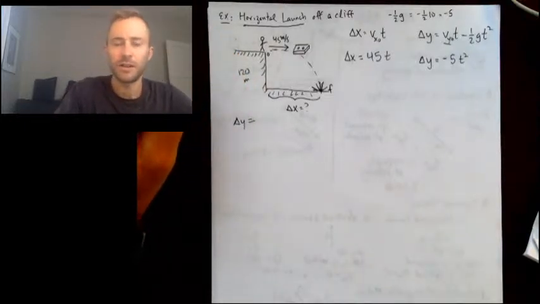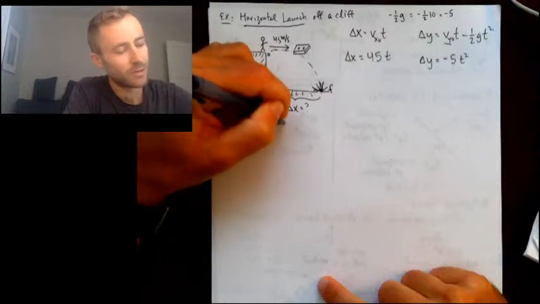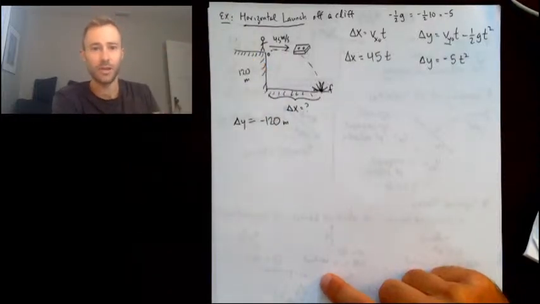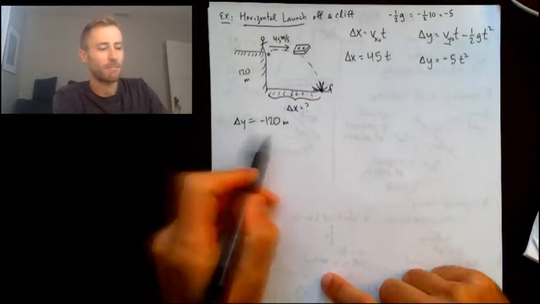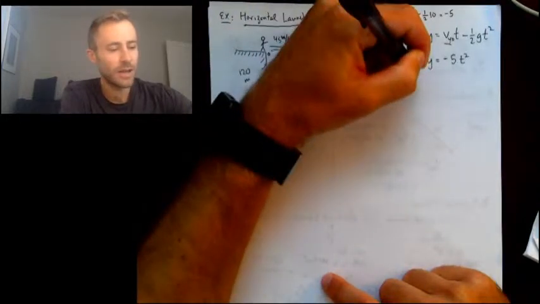Very good, yeah. So the vertical displacement is negative 120 meters because it drops. So I'm going to take that and I'm going to plug it in for delta y here, negative 120.